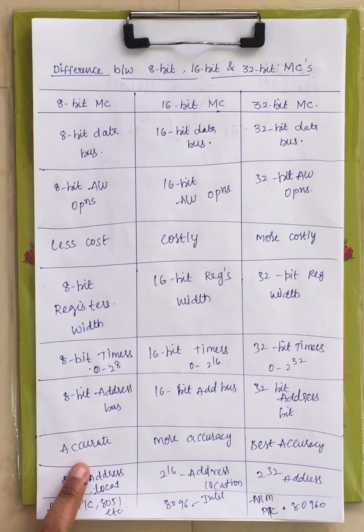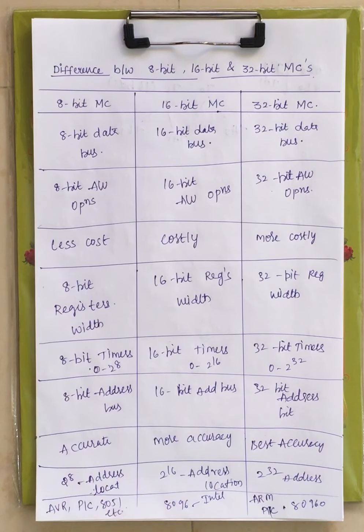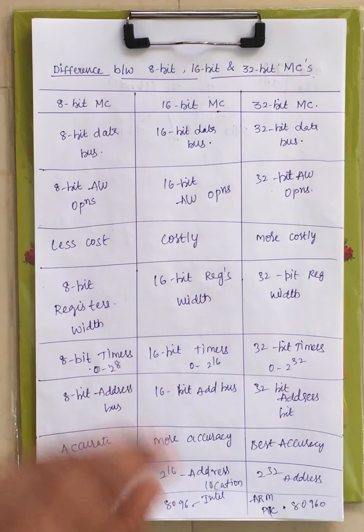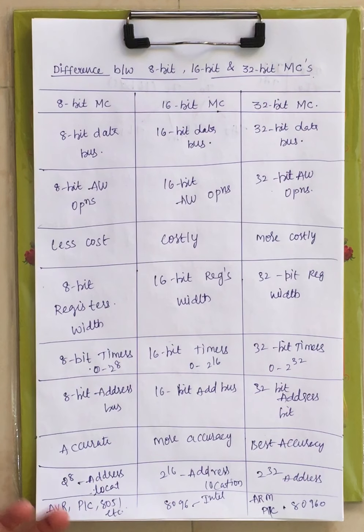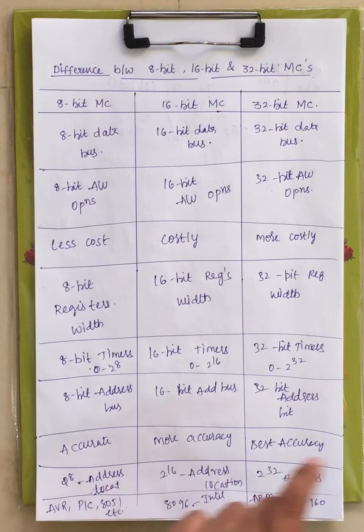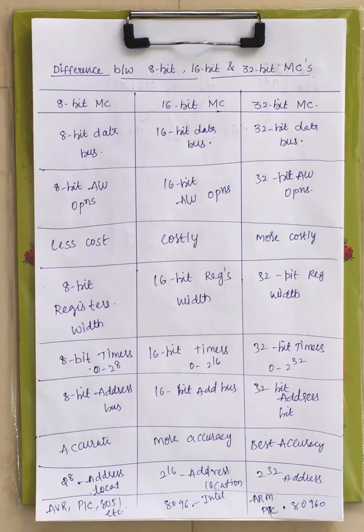Now coming to accuracy of ALU operations, the result of the 8-bit microcontroller is accurate, the best accuracy can be observed under the 32-bit microcontroller, and good accuracy under 16-bit, but the 8-bit results are also accurate, right?